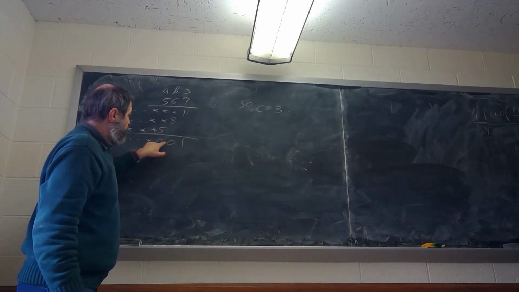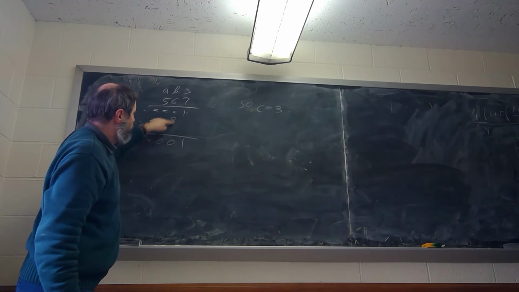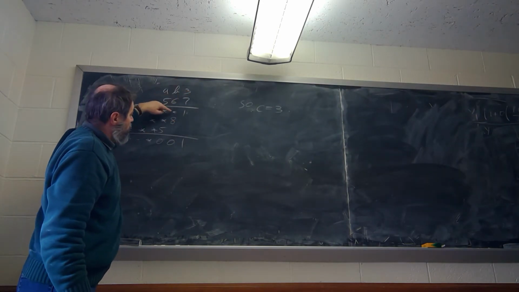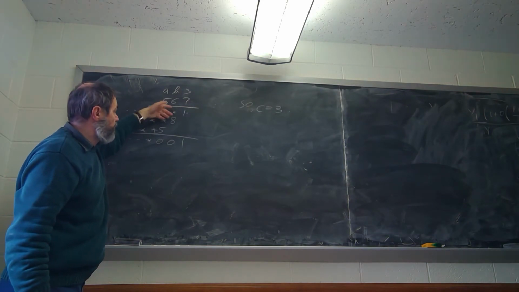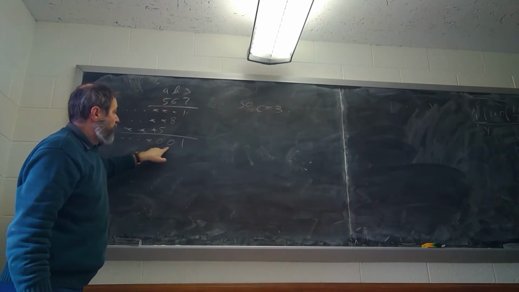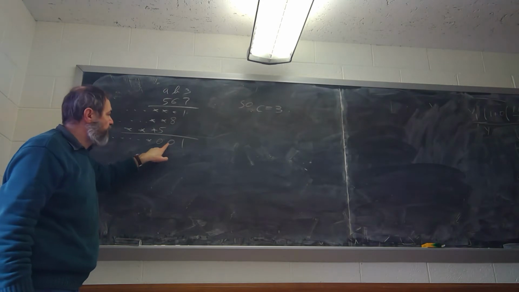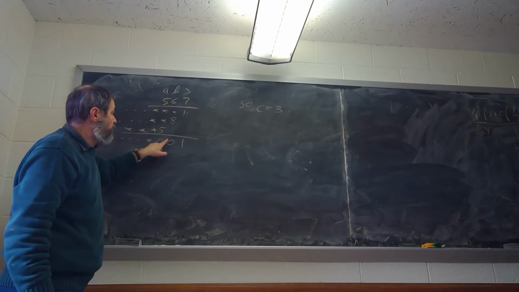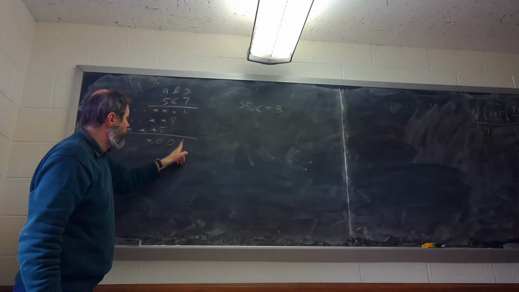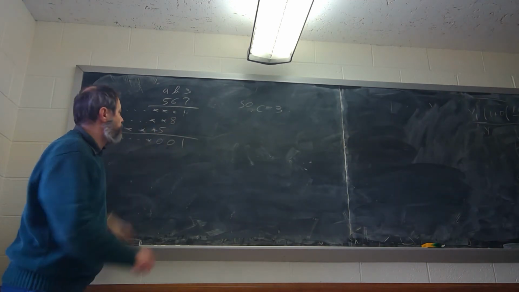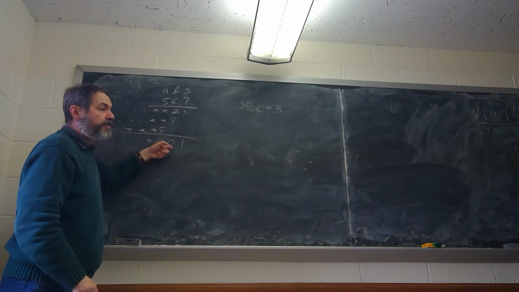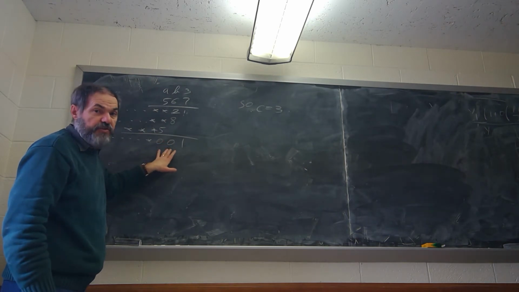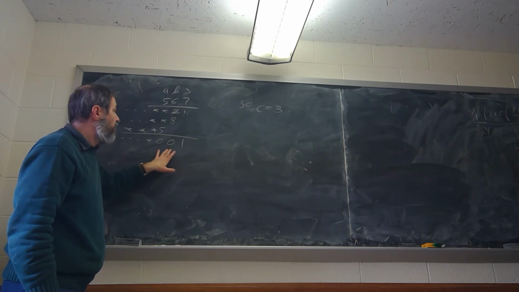Now that I know this is an 8, because it was 3 times 6, I know what this digit right here has to be in order to get a 0. I need to have a 2 in there, because 2 plus 8 is 10, and so it gives me a 0.